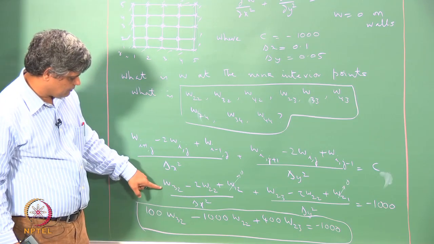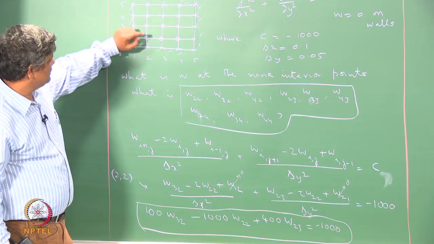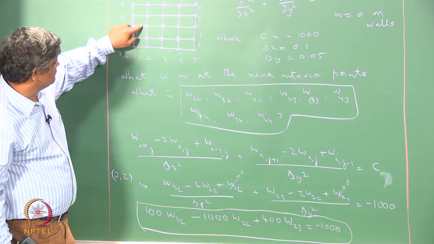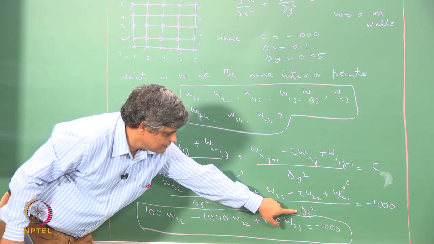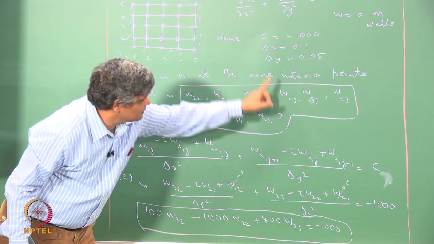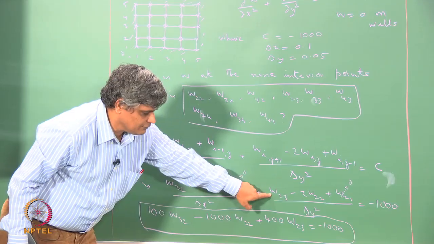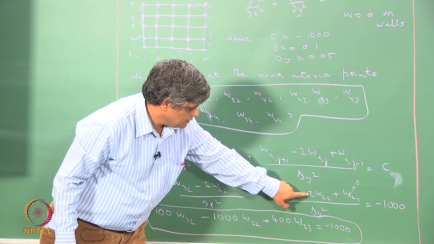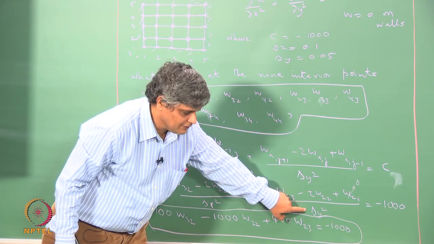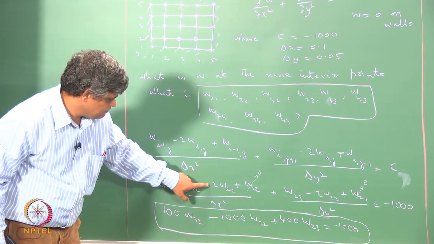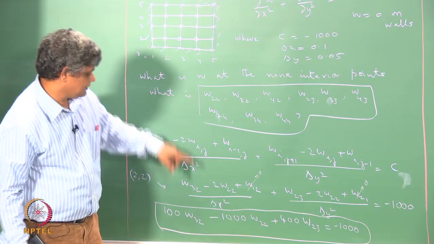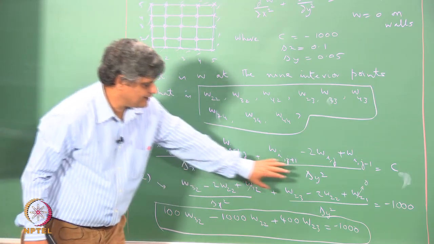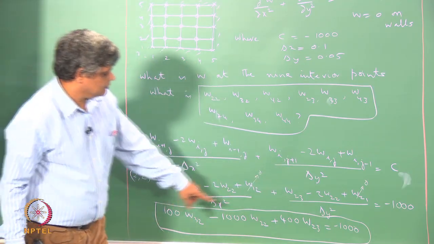So 1 by 0.1 will give you 100 here, and a variation in the y direction, so that is W23, for example here, is divided by delta y square, and delta y is 0.05, so that gives us a multiplicative factor of 400. So we get minus 2 divided by 0.05 whole square plus minus 2 divided by 0.1 whole square, so that gives us 1000, 200 here and 800 there. So that's how we have written for this.